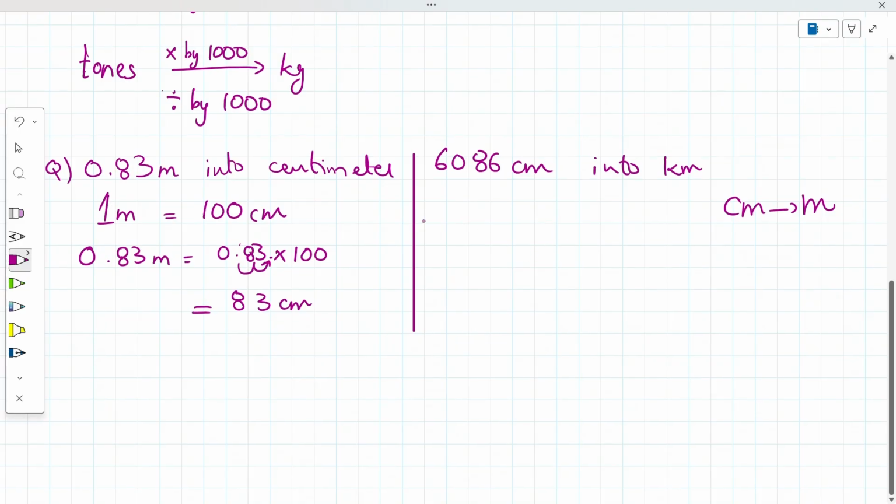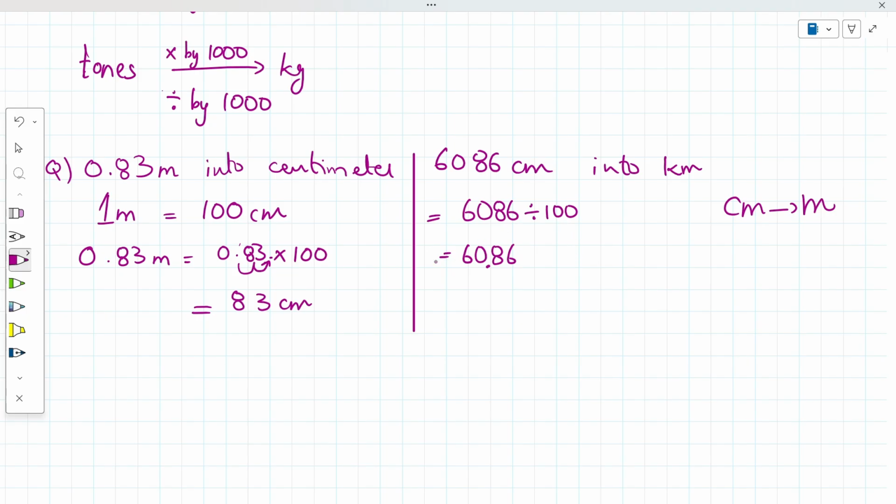So 6086 divided by 100. The point moves two places, so the value will be 60.86 meters.